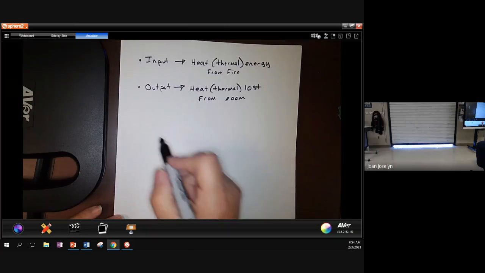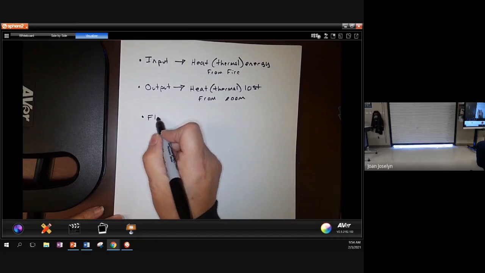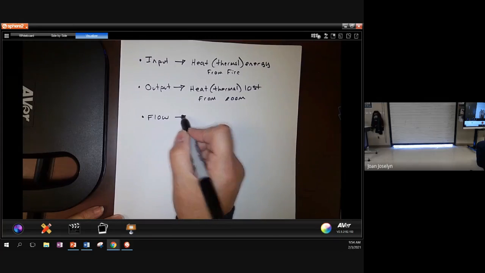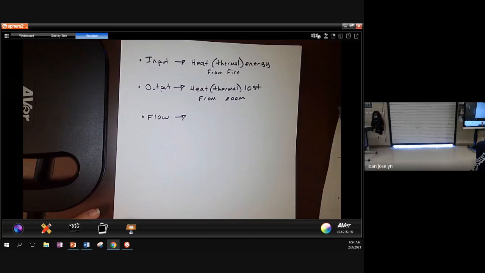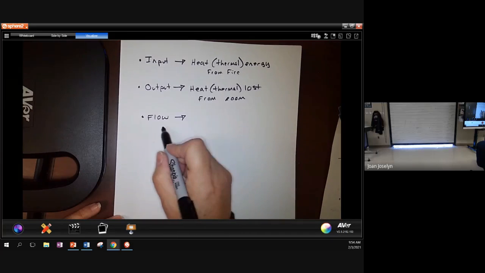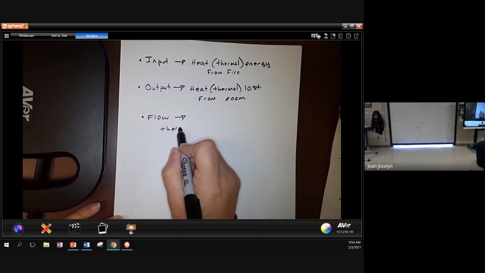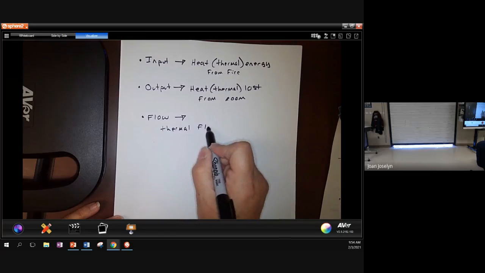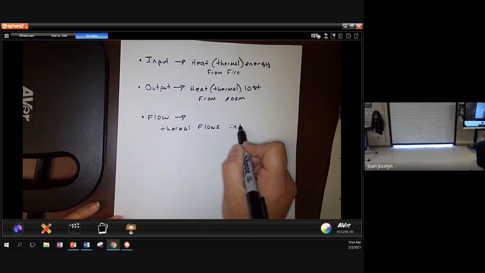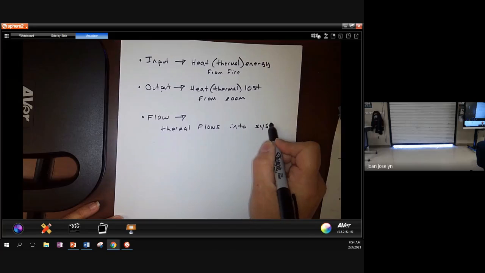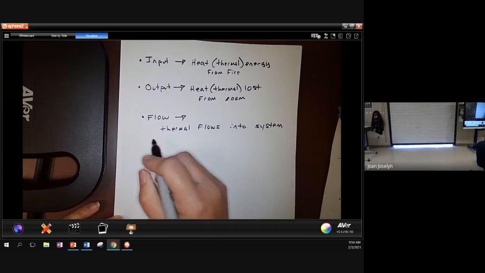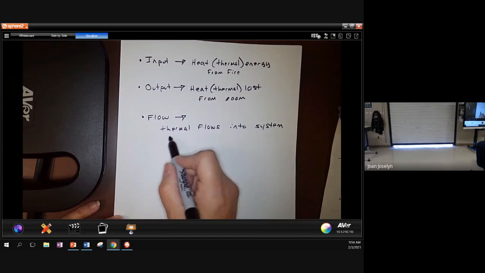So the last thing we look at is the whole system. What's the flow? What's actually happening in our system? So we're going to have thermal energy flows into your system. And it comes in through the fireplace.